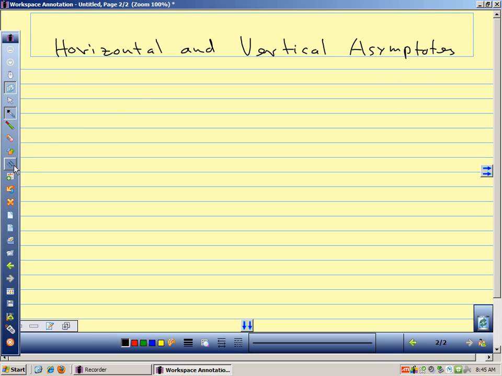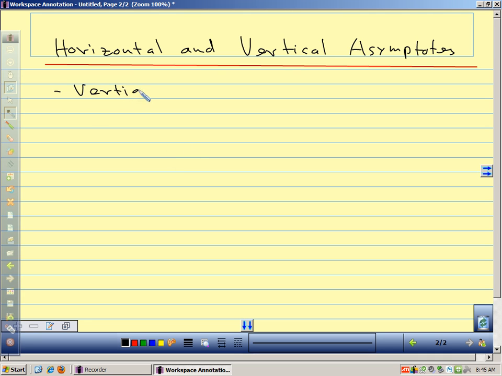And a couple of basic ideas for our asymptotes. Our vertical asymptotes, and I'll give you the rules here in just a second, vertical asymptotes happen where our denominator is 0.